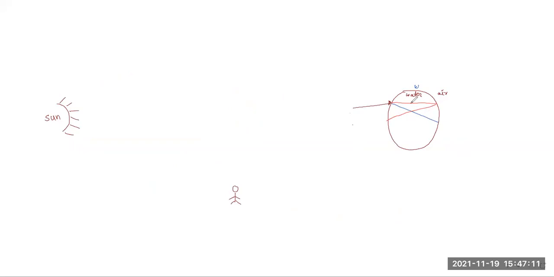This is total internal reflection. Similarly, violet also reflects internally and reaches here. So what is happening on this side of the water droplet is total internal reflection.